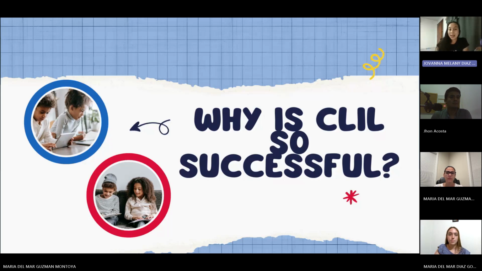Fourth, CLIL promotes motivation. It gives students a real purpose for language learning because they are using the language to learn about something they are interested in learning about.